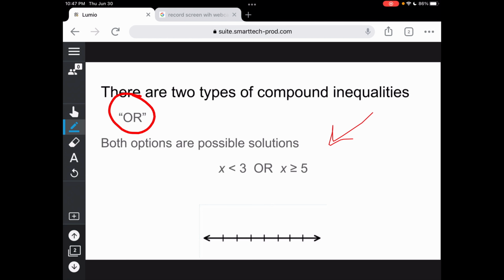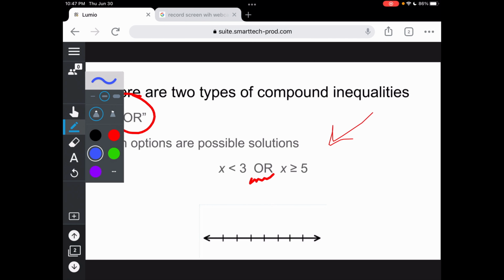If they bring me sausage, hey, that's great. If they bring me pepperoni, hey, that's fine. I'm okay with both. And so both can be represented on a number line, and I'm just fine. Well, that's what an or statement is. An or statement says that I can have both of these guys on the number line.